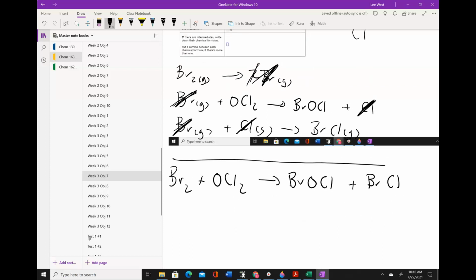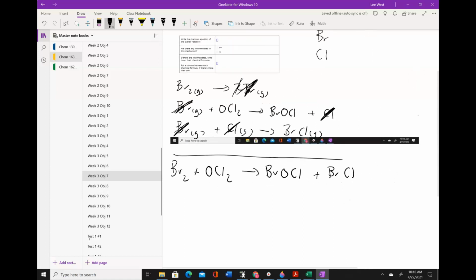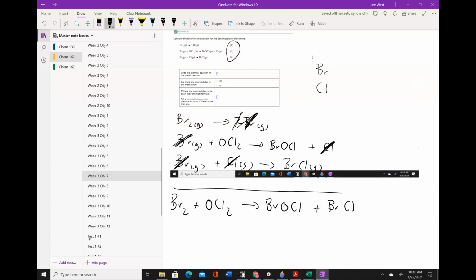So we've got 2 bromine, 2 bromine, that looks good. I've got 1 oxygen, 1 oxygen, that looks good. I've got 2 chlorines, 2 chlorines. So my overall equation balances, and I was right. The things that are made along the way that are not in my final equation are atomic bromine and atomic chlorine.